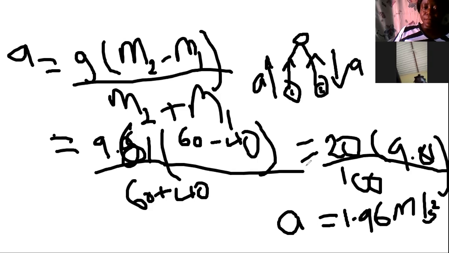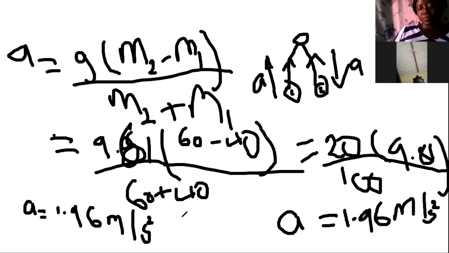So on the left side, we have an acceleration which is 1.96 meters per second squared up. But what about on the right side? On the right side, we have an acceleration which is going downward.